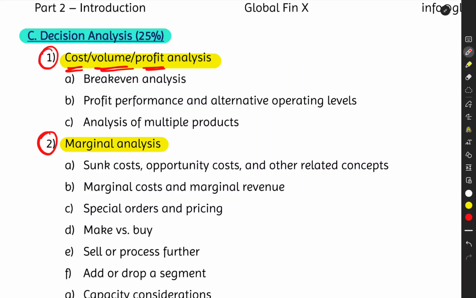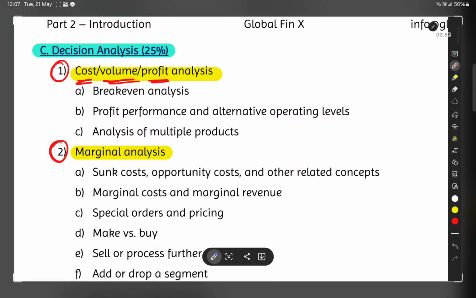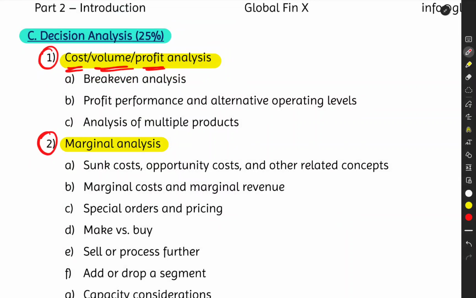See, so how do we define this particular? Okay, so how is this going to help us? See, let's say if your manager asks you, I want to sell this particular product X, okay, and it is going to cost us $10 to manufacture.